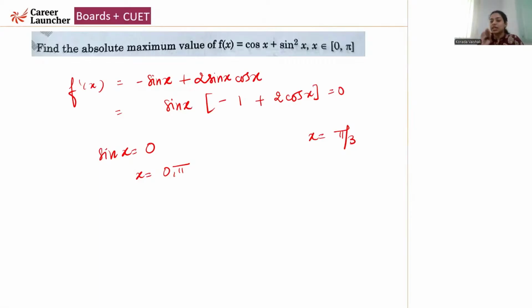So we have calculated the critical values, and now let's move on to calculating the second derivative, which is equal to minus of cos x plus, अब 2 sin x cos x को कैसे लिख सकते हैं? Sin of 2x. So इसका डेरिवेटिव क्या हो जाएगा?